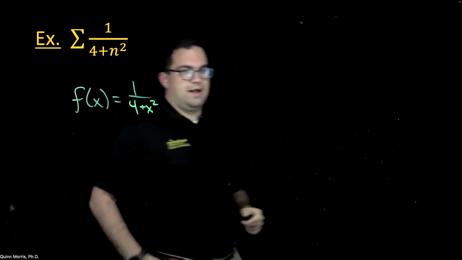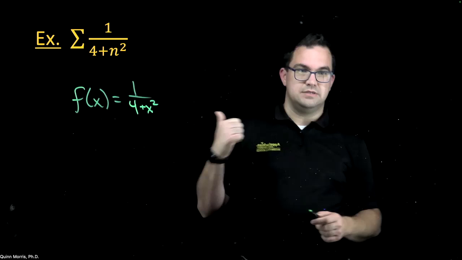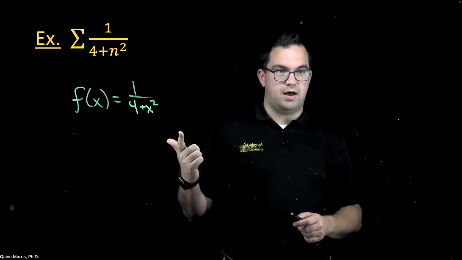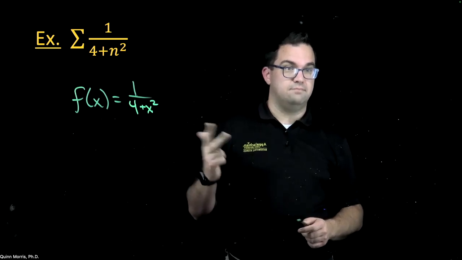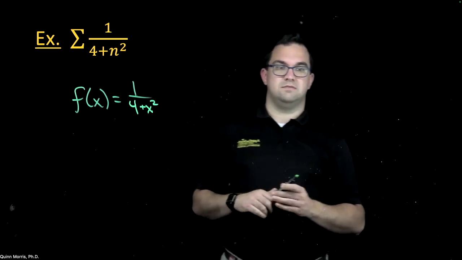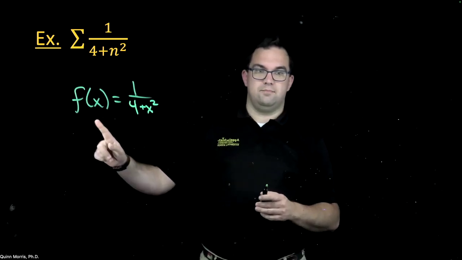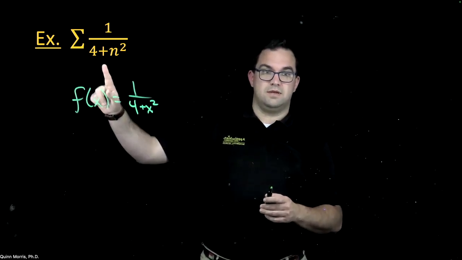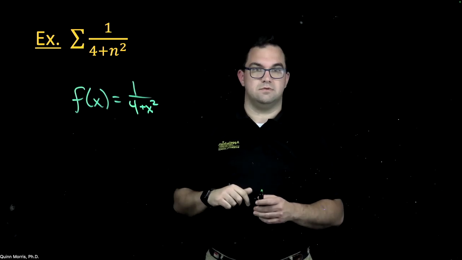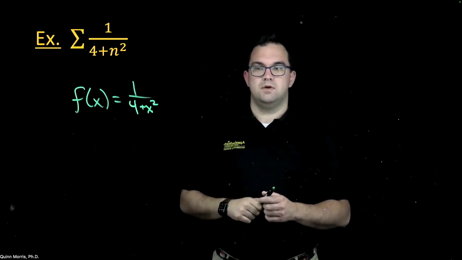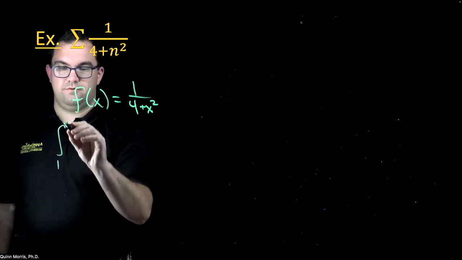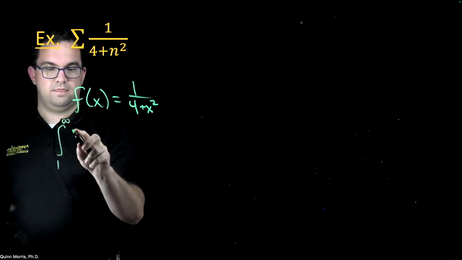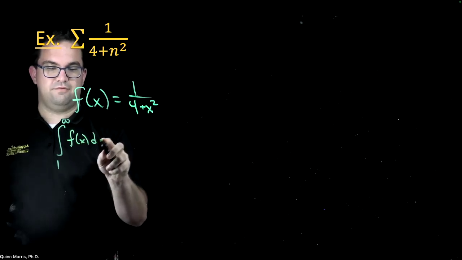Now I can check: this is continuous, this is positive, this is decreasing on 1 to infinity. So this meets all the conditions, and importantly, f of n gives me the terms of my series here. So now what I need to do is look at the integral from 1 to infinity of f of x dx.